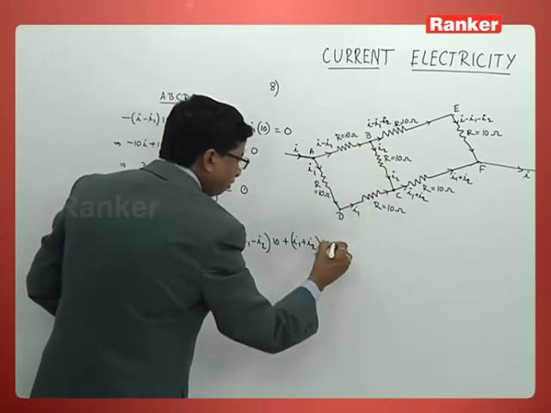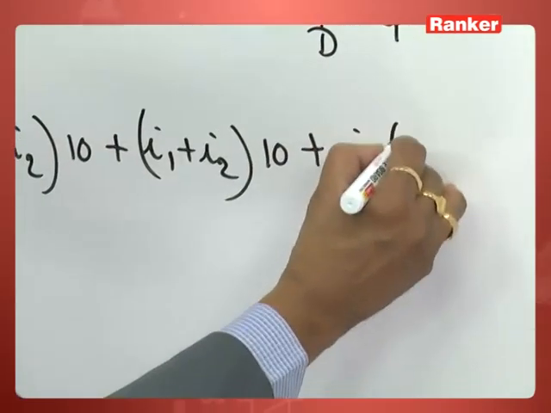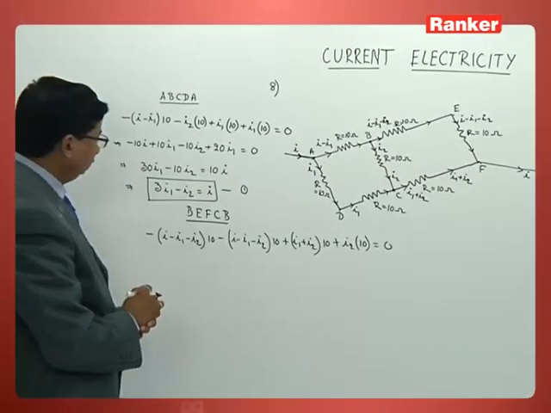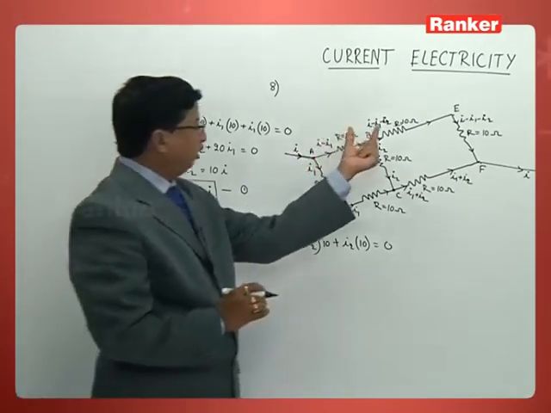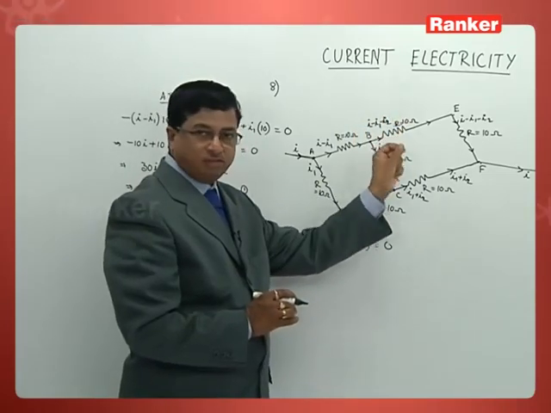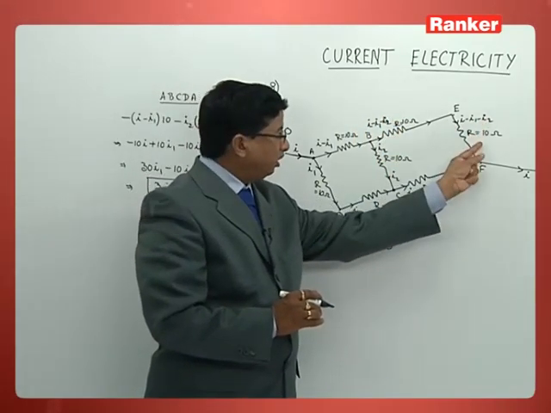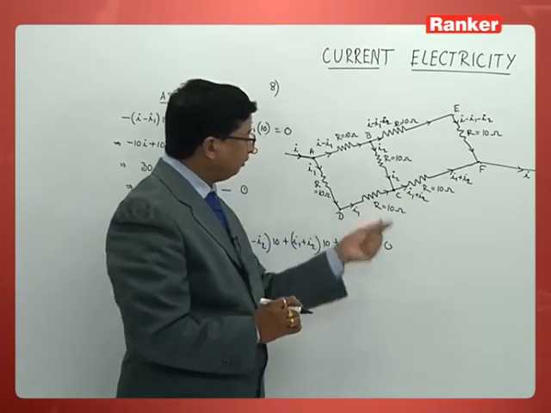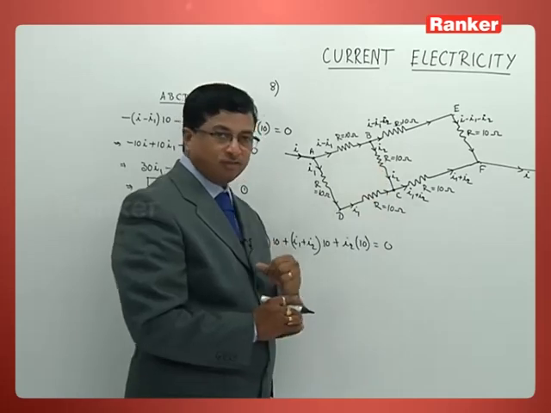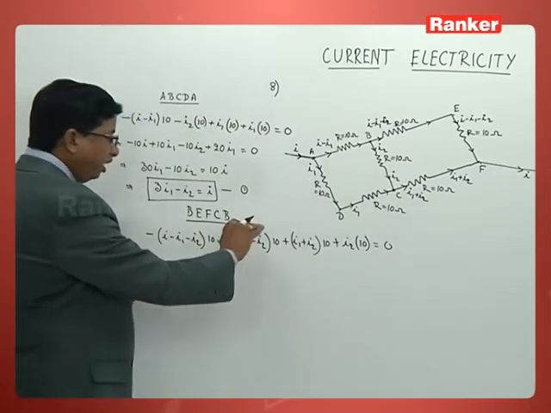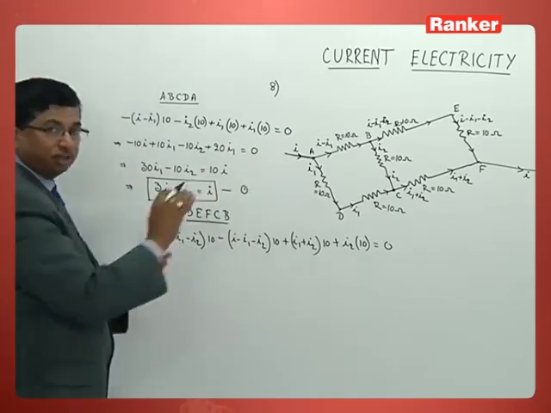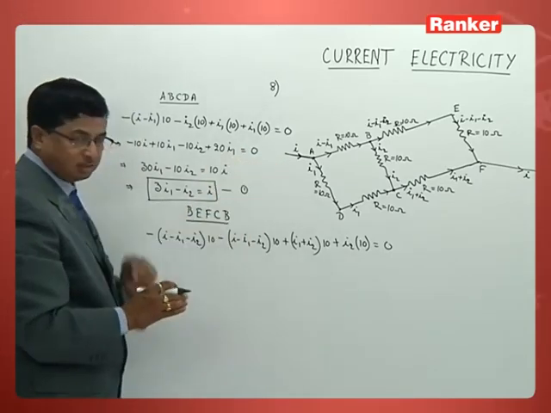Now this one plus I2 into 10, that is equal to 0. Once again look at carefully. Minus this current into resistance, minus this current into resistance, plus this current into resistance, plus this current into resistance, that sigma IR is equal to 0. That is my second circuit and this is the result of that.